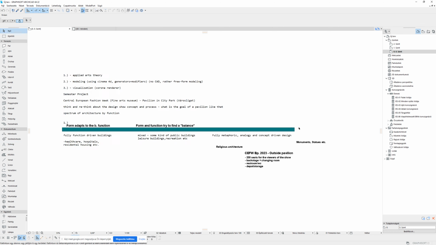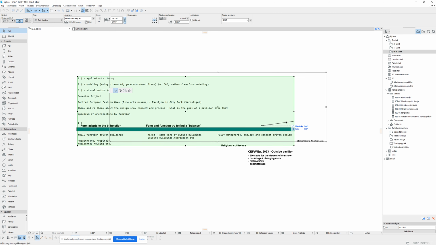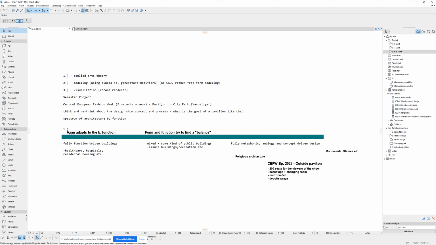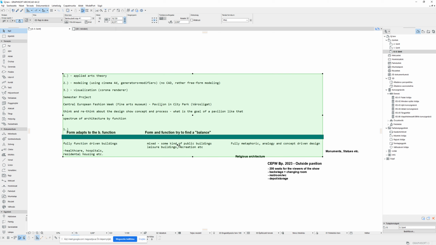If I have this spectrum, and I would say on the very left side, forms adapt to the building function, like healthcare, hospitals, and residential buildings. And then we mix it like in leisure buildings, recreational buildings, and some sort of public buildings.